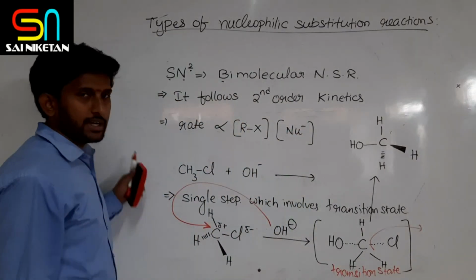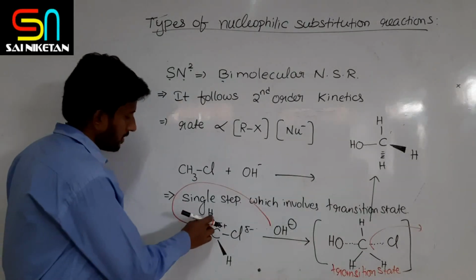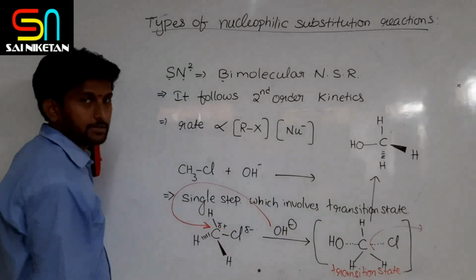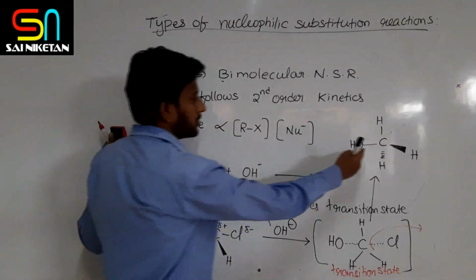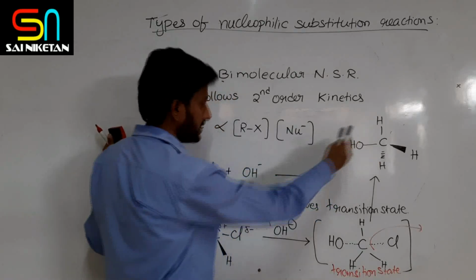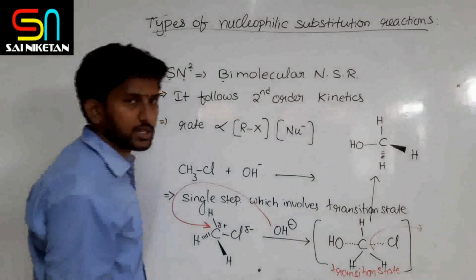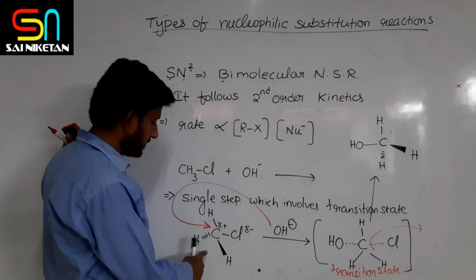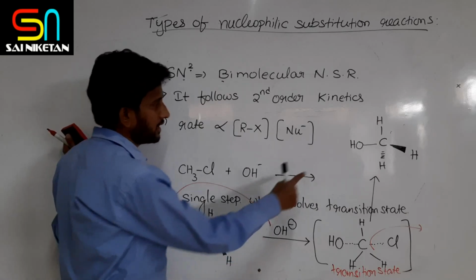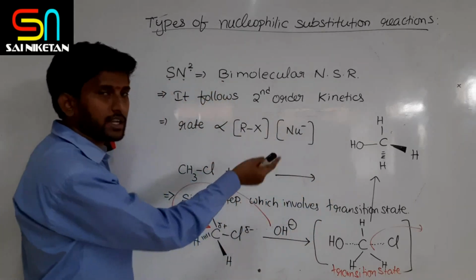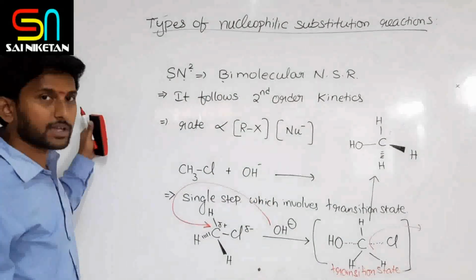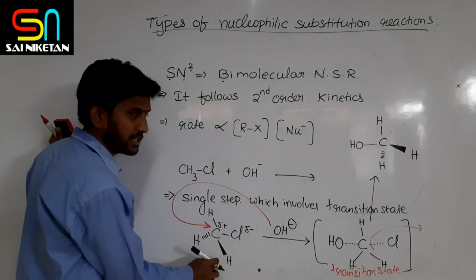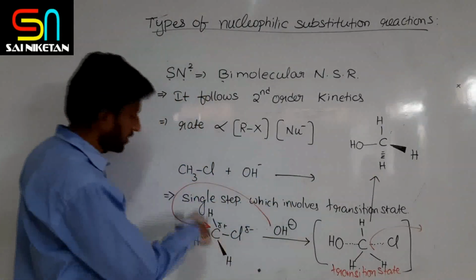Okay. So what do you find in this case is, here the chlorine atom was present initially on the right side. Now the OH is attached to the left side. Meaning is what? If this is an optical isomer, if this is in one type of configuration, then exactly the reverse configuration you will get after the reaction. For example, assume this is a D isomer, you will get an L isomer here, because the configuration changed.